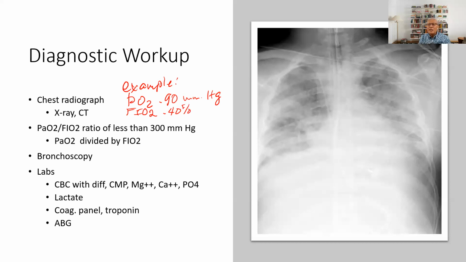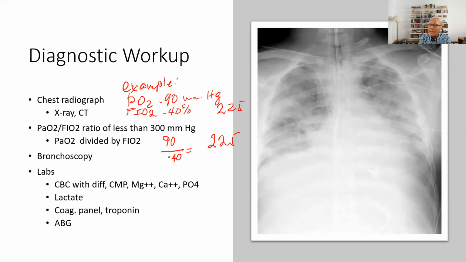The ratio is going to be 225. So how did I get 225? Well, 90 divided by 0.40 is 225. So this illustrates that the oxygen is not doing its function because of the damage that has occurred.